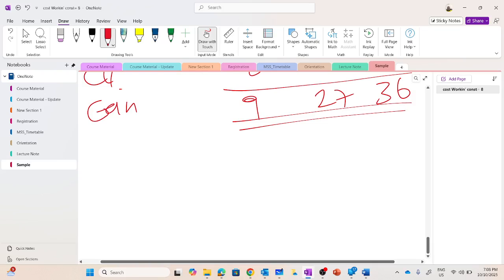So 45 minus 1.5 is 43.5, plus 15 is 58.5. So this is how we are going to solve this particular question.